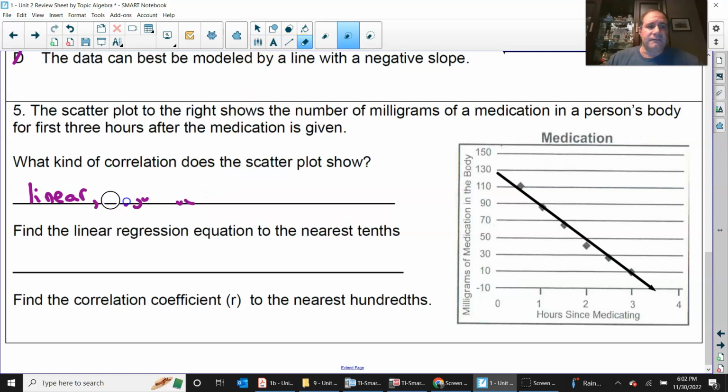It's linear and negative. It's also strong. This is strong because they're so clustered around that trend line, and negative.